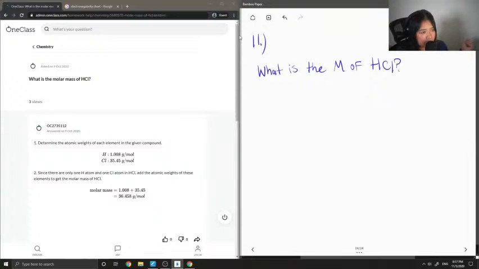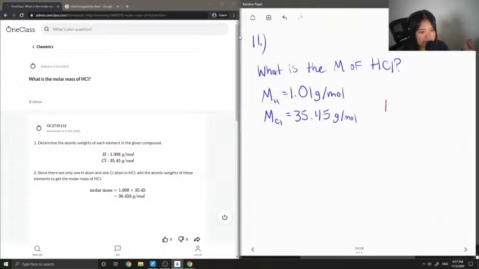And so again, I'm going to write out the molar mass of hydrogen, which is 1.01 grams per mole. You find these values on the periodic table. I'm also going to write down the atomic mass of chlorine, which is 35.45 grams per mole.